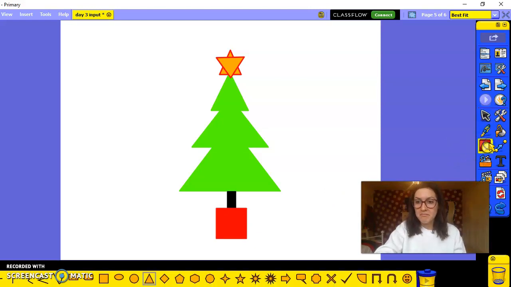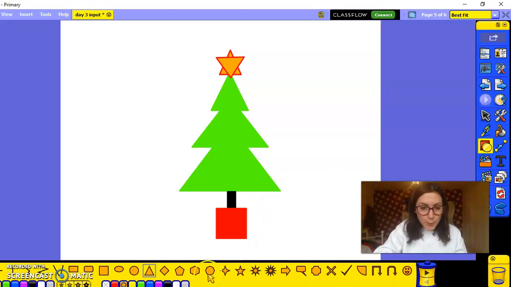What do you think? So I'm going to add some baubles. A great shape for a bauble would be a circle. Here we go. Let's add some nice festive baubles. Oh, it's looking beautiful, if I do say so myself. There we go. Might change up the colour and add a few blue ones.